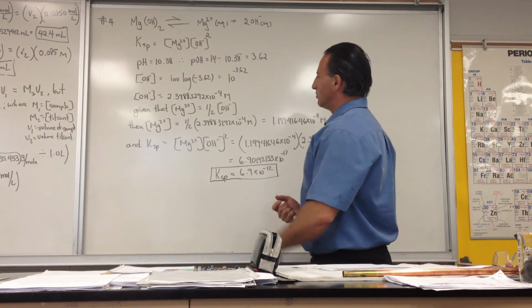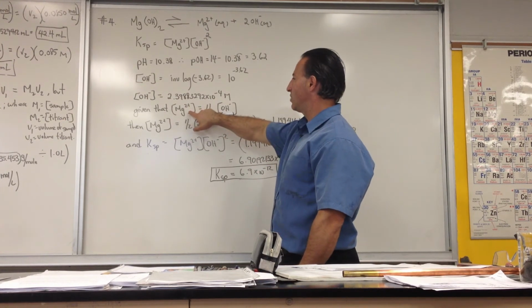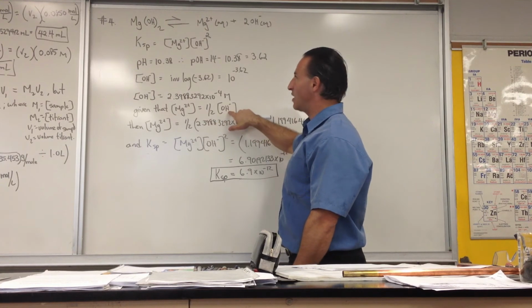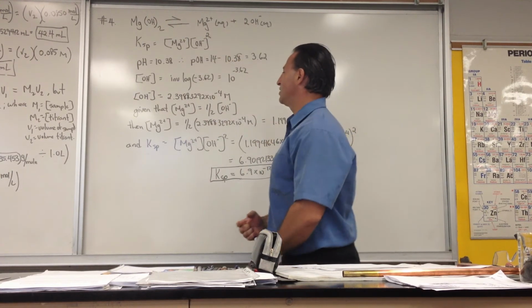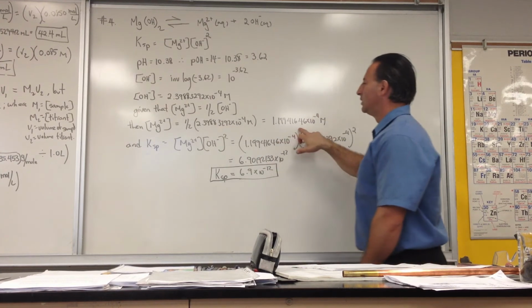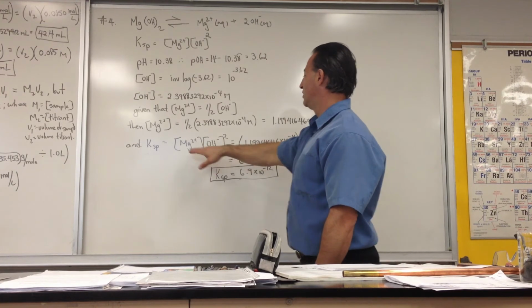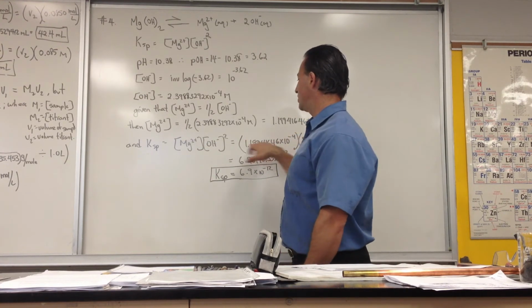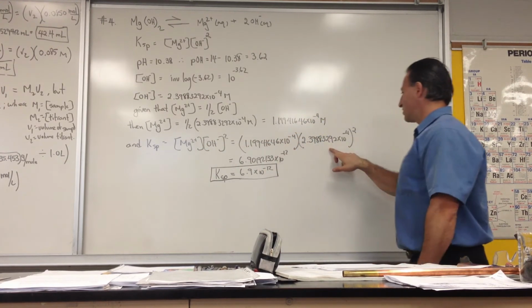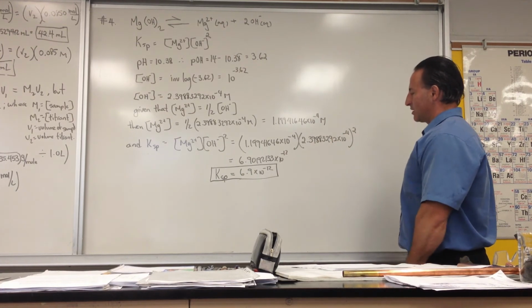We also might interject at this point that the magnesium cation concentration is going to be half the concentration of hydroxide because of this stoichiometry. So taking half of this number gives us this number, and then we just plug them into the KSP equilibrium equation. Here's the magnesium cation concentration, here's the hydroxide ion concentration raised to the power of 2. Multiply those two numbers, you get 6.9 times 10 to the minus 12.